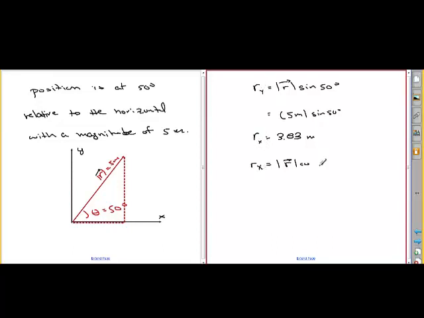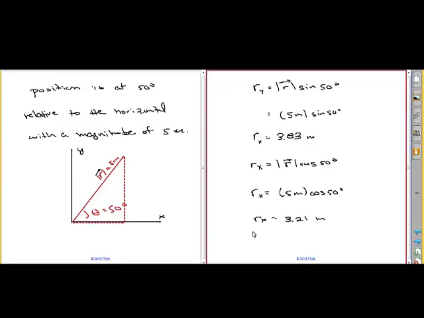So that's r sub y, r sub x is the cosine of the angle. So we have 5 meters times the cosine of 50 degrees. Five times the cosine of 50 is 3.21.